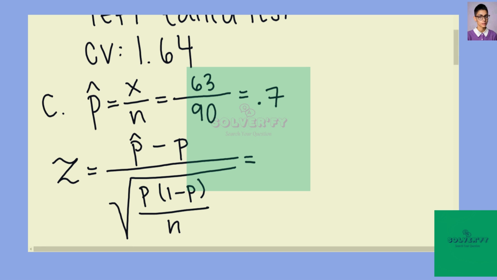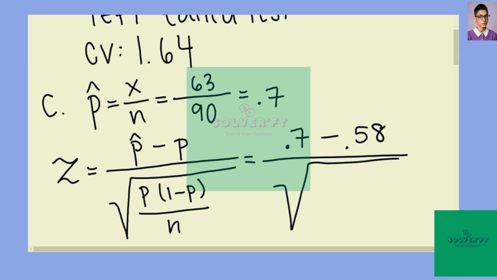So if we plug those in, we have 0.7 minus 0.58 all over square root of 0.58 times 1 minus 0.58 over our n of 90.